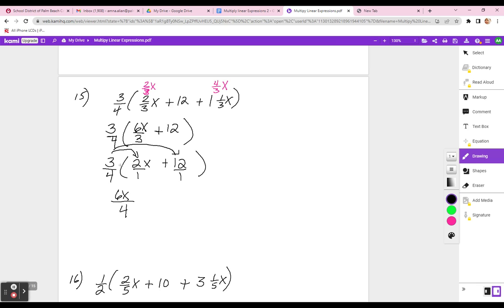Distribute this to this. 3 times 12 is 36. And 4 times 1 is 4. We can simplify some more. 4 goes into 6 one time, and 1/2 left over. We could say 2/4, which is the same thing as 1/2. Plus 9.